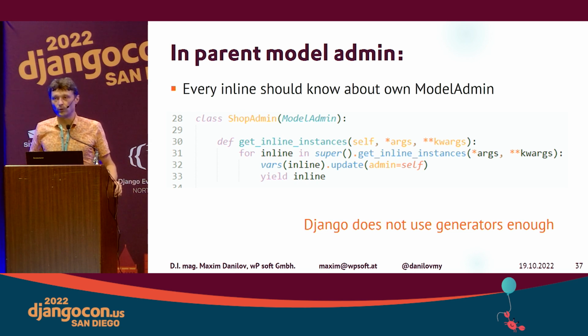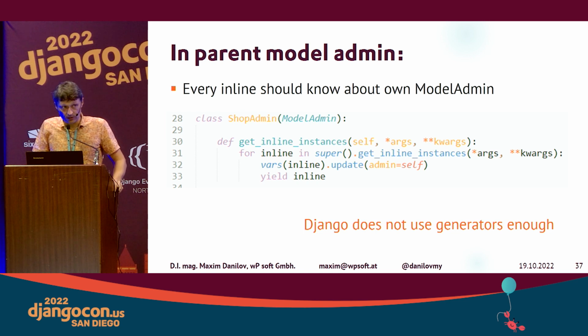That's why for inline instances, I should override this function in model admin, and I should throw deeper information about self. Self has a current model admin, which contains right now request and response. And yeah, small remark.